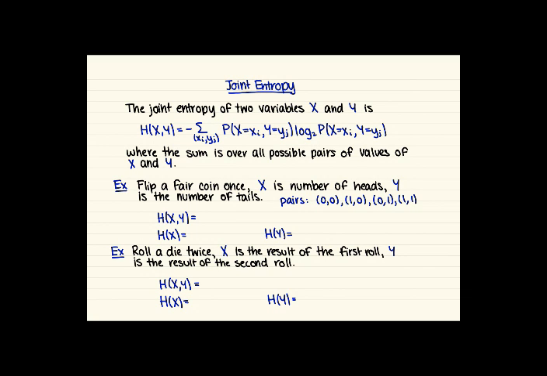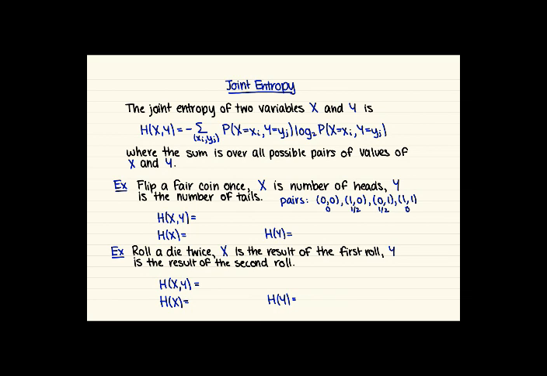Figuring out the probability that each of these has: the probability that we've got 0 heads and 0 tails in one coin flip has probability 0. Getting 1 head and 0 tails in a single coin flip is probability 1/2. Getting 0 heads and 1 tail is probability 1/2. And getting both 1 head and 1 tail in a single coin flip is impossible, so that has probability 0.